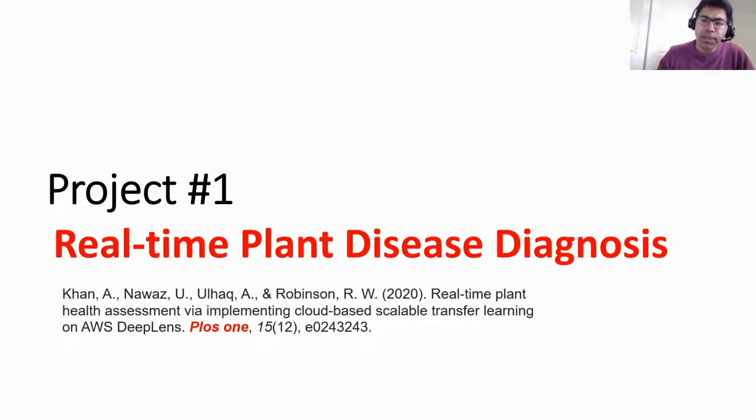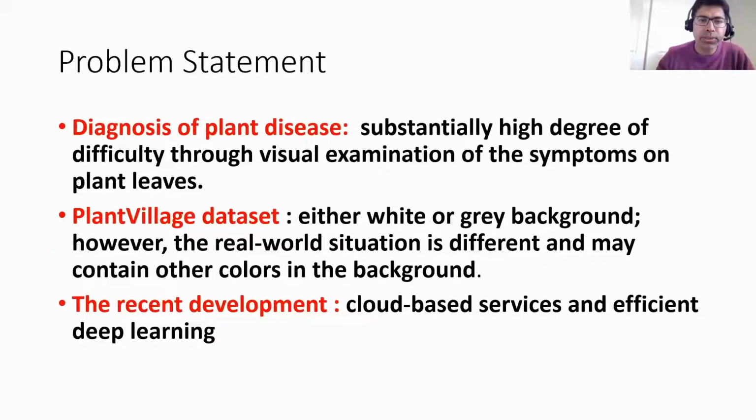One is real-time plant disease diagnosis. This work was recently published. Most of the techniques which we have seen use some kind of datasets to try to diagnose plant diseases.